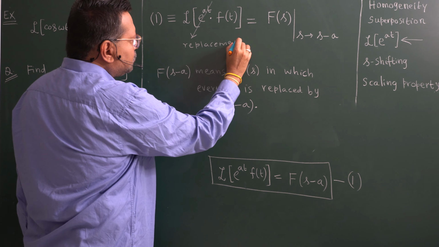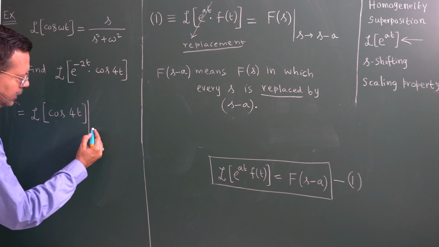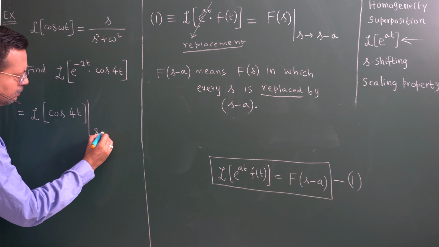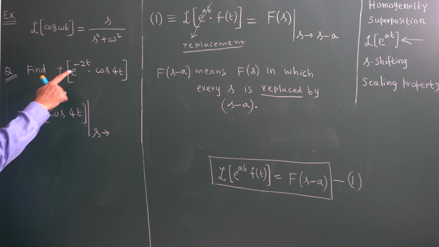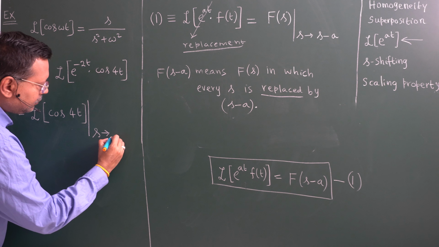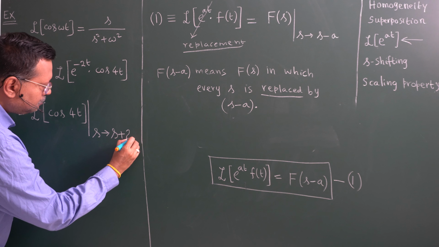Let us say that the answer is given by the Laplace transformation of cos 4t. That's all over. We finished the answer, in which you replace every instance of s by, so what are you going to replace by? There's a minus 2 there, therefore you have to put s plus 2.